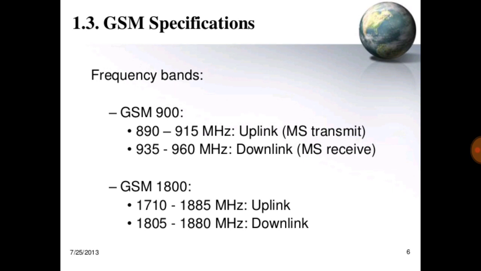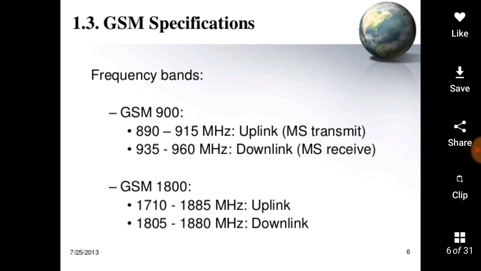For example, if you have 8 time slots, the first time slot can be used for uplink and the fourth for downlink, but we use only one frequency. But with FDMA you need a pair of frequencies reserved to communicate with other persons.